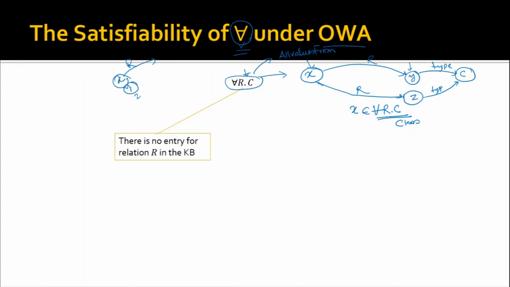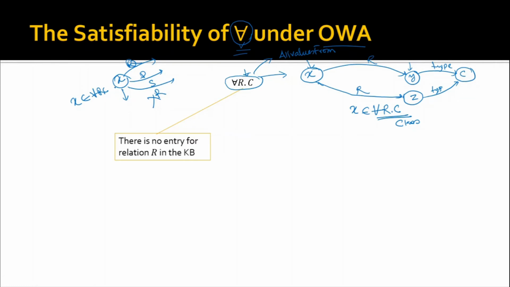If you take the example of X, X has different relations like Q, P, S, anything, but something different than R. So R is not there. So in that case, X would belong to for all R.C.